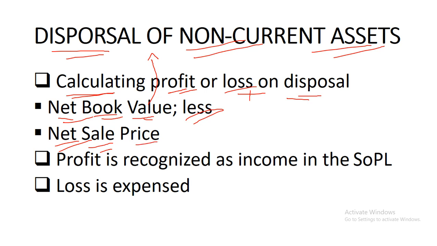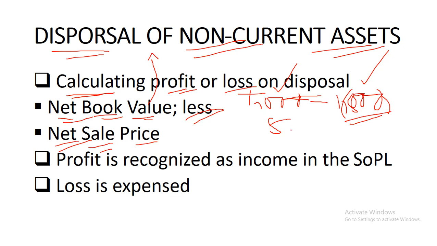So if the net book value of an asset is 1,000, and then you sell it for, say, 1,500, then this is the sale price, and this is the net book value. The difference between these two is the profit or loss.